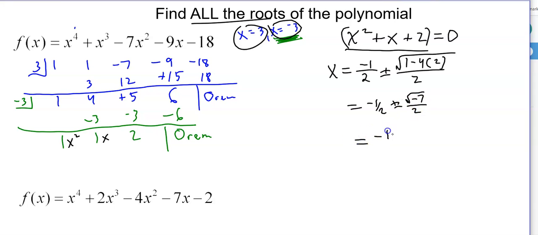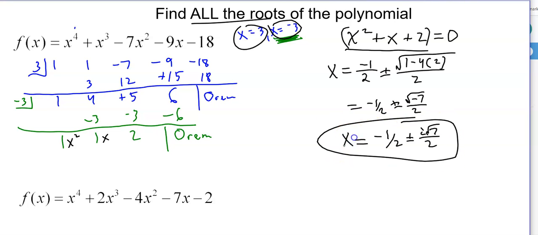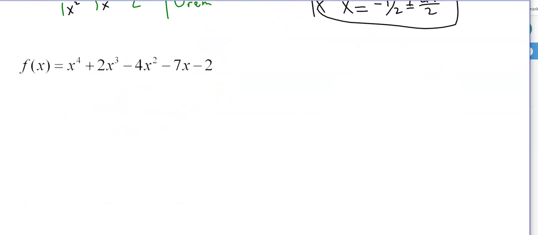Let's simplify that just a little bit. So those are 2 of your answers, and these are the other 2. So those are all 4 answers for you. So you're going to get 2 nice rational solutions from the graph usually on these problems I give you. And then the other two might be irrational. In this case, they were imaginary.